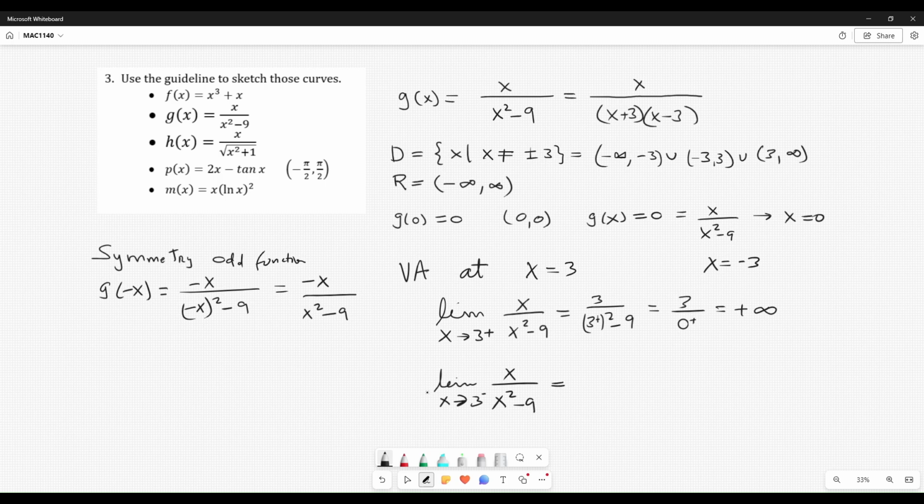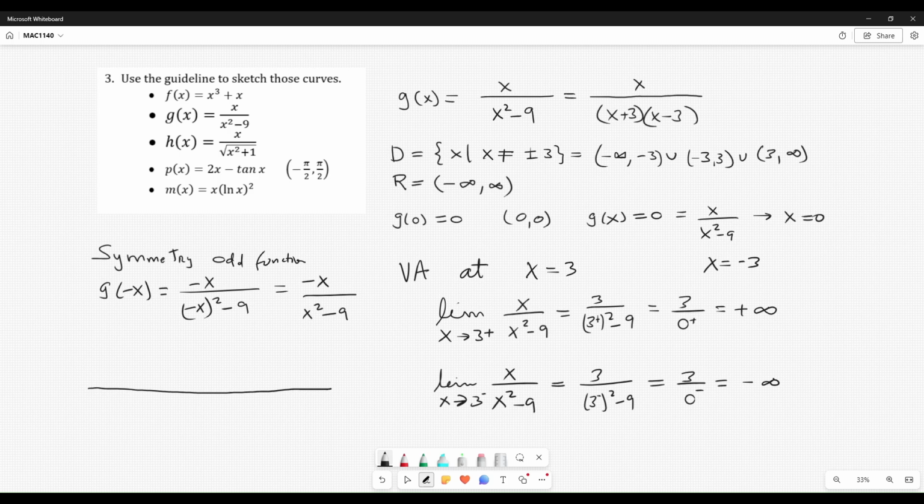This is similar: 3 over (3 minus) squared minus 9. Entonces es 3 over 0 minus, because this number is close to 3 but to the left. Entonces less than 3, so this denominator is negative, almost 0 but negative. Es negative infinity.